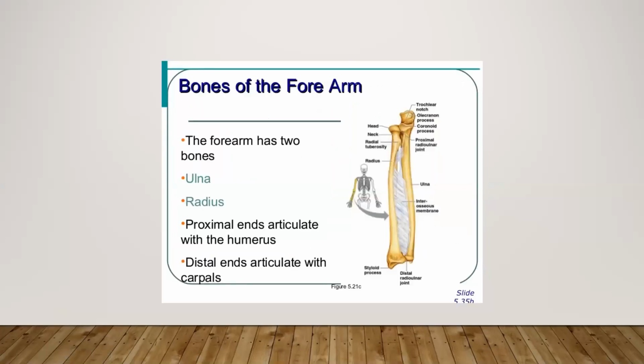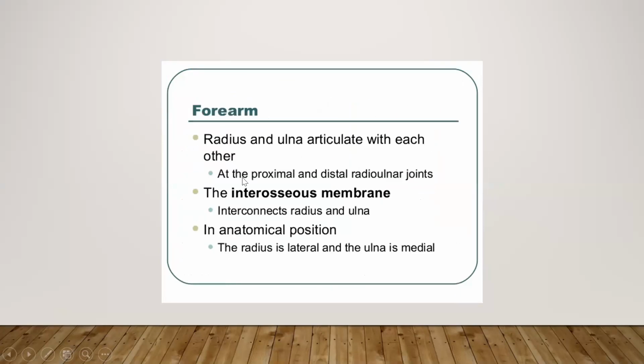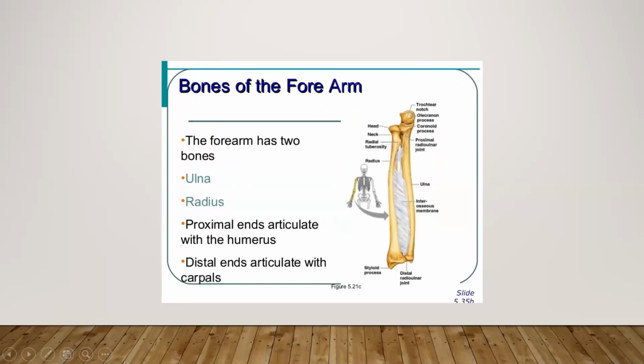And these are the bones of the forearm. The forearm has two bones, ulna and radius. The proximal end articulates with the humerus.